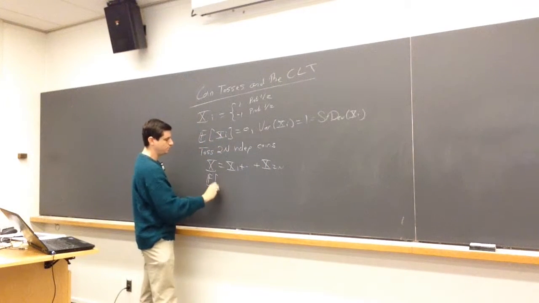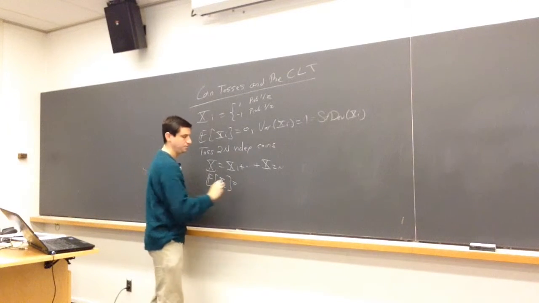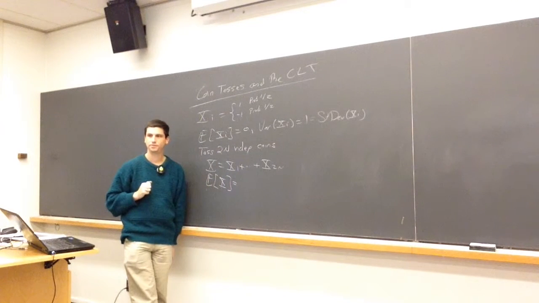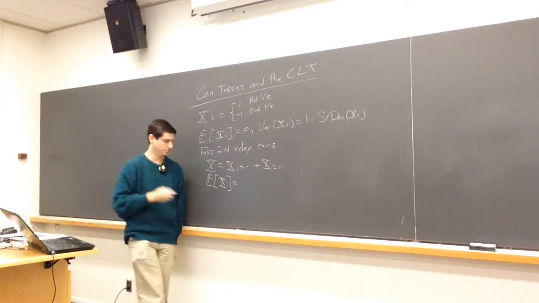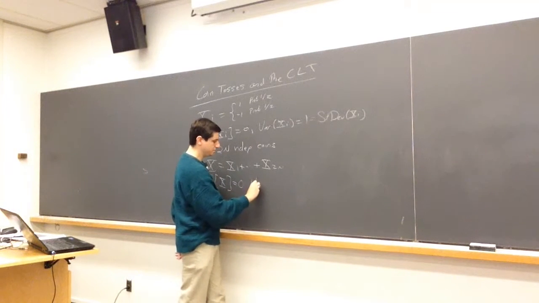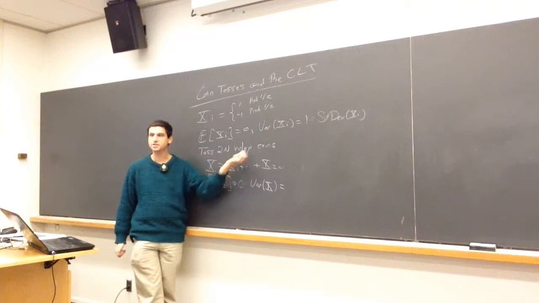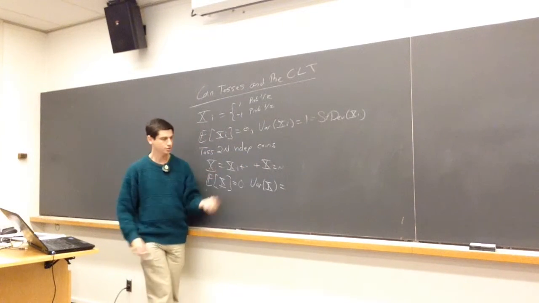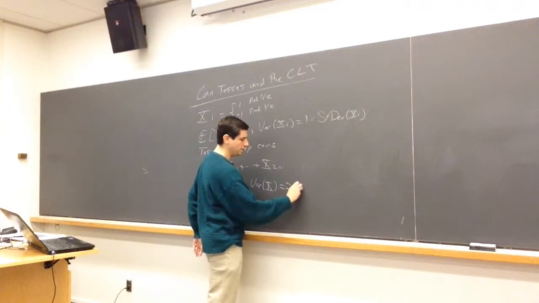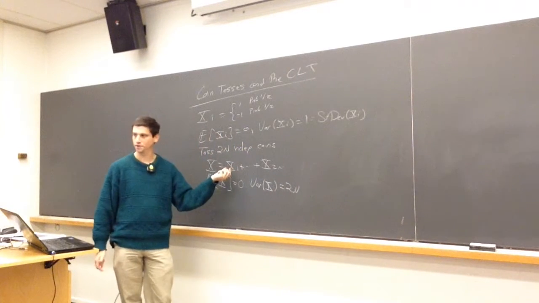So what's the expected value of x? Zero. And then the variance of x, well, because they're all independent, the variance of the sum is the sum of the variances. So the variance is going to be 2n times the variance of each one, which is 1.